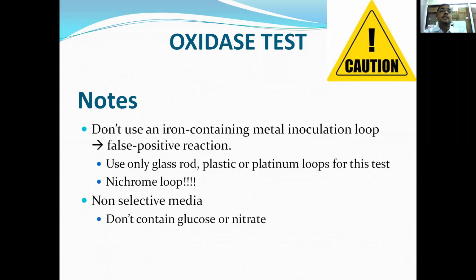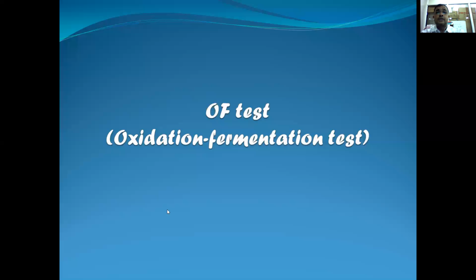The second thing is, when you are picking the colony from non-selective media, your media should not contain glucose and nitrate, because these agents also interfere in the oxidase test. Now, moving to the last test of today's class, that is the OF test.